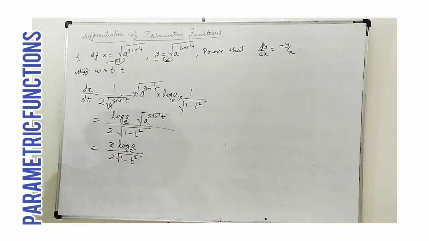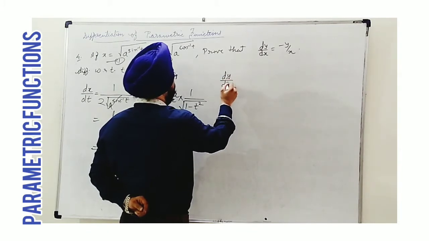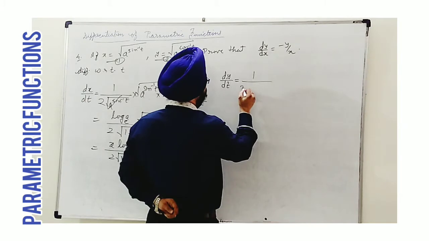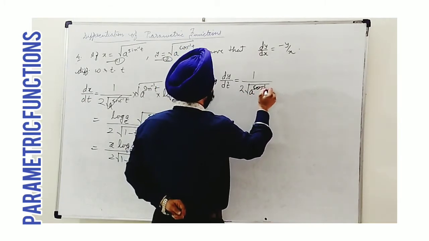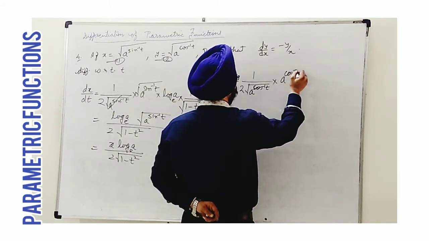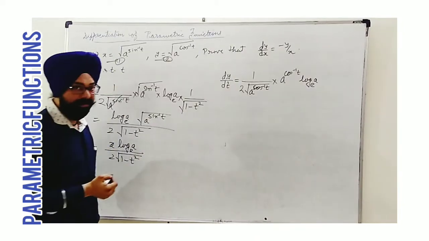Further, now we will go for y. dy by dt, differentiating. The same thing will happen here also. 1 upon 2 a to the power cos inverse t into a to the power cos inverse t log of a to the base e. Now we have done the base.